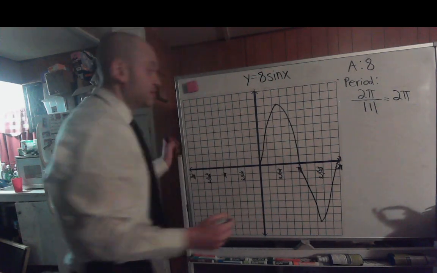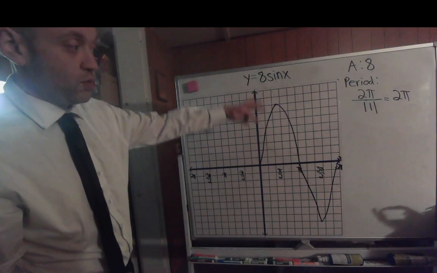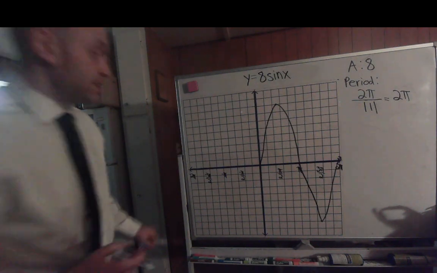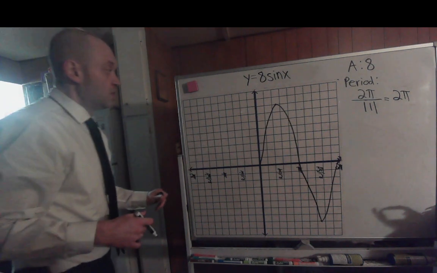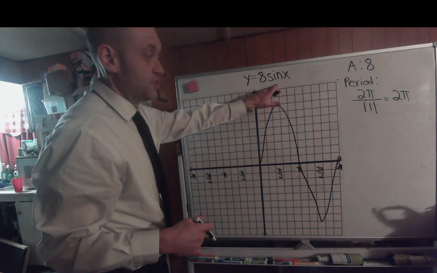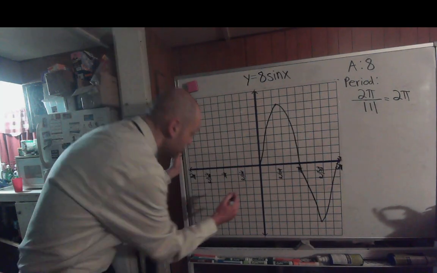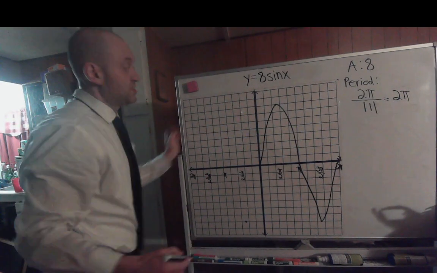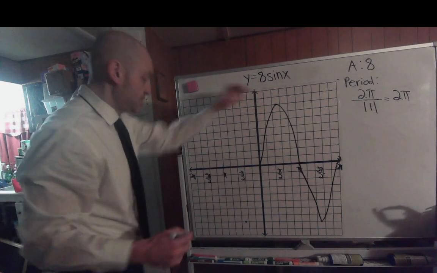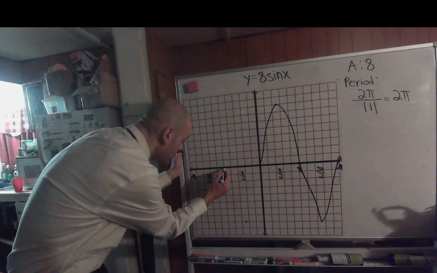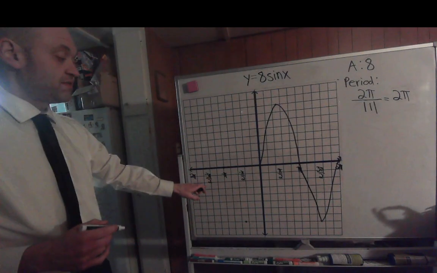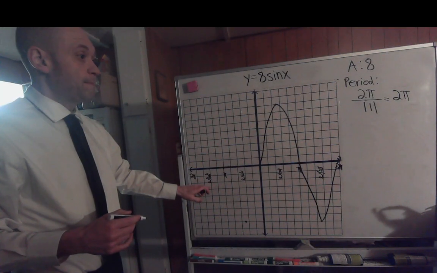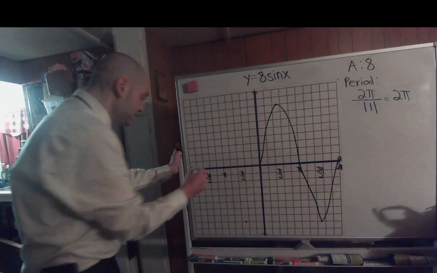Fat curve, huh? That's a very big vertical stretch. Look at that. And then we've got to go to the left still. What's the sine of negative pi over 2? That's negative 1 times 8. That's going to put you down to negative 8. Now, what's the sine of negative pi? That's 0 times 8 is 0. Now, what's the sine of negative 3 pi over 2? That's going to be positive 1 times 8 is 8.